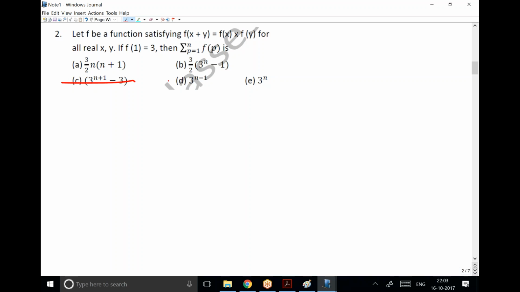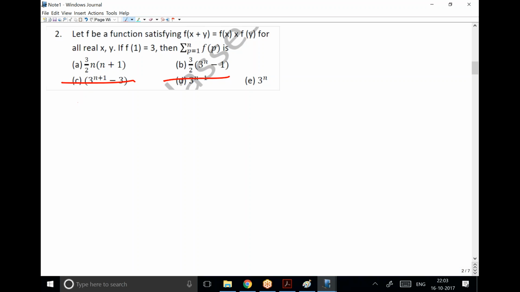This answer option is not possible and this answer option is not possible, because f1 is equal to 3. So when you put 1 in answer option C or answer option D, you will never get 3. That's why these answer options are not possible. Now the probability of getting the right answer is 33.33%, which is still very high.